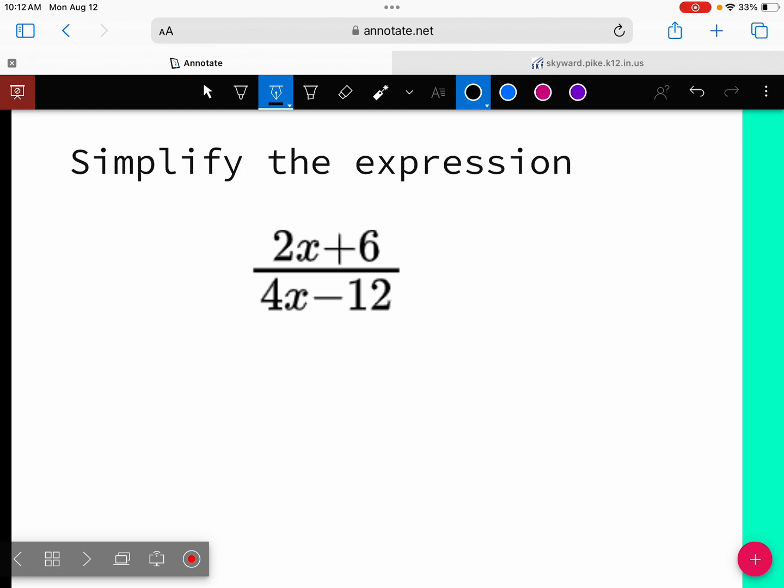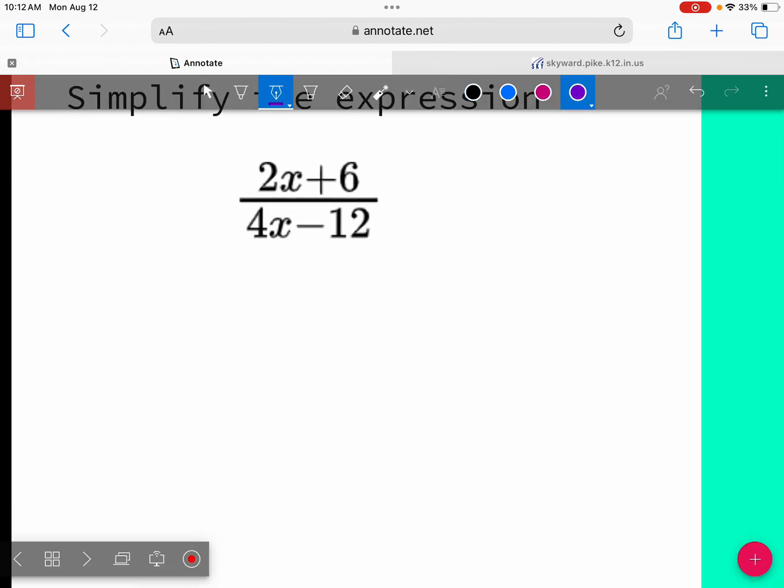So looking at this first one here, the way I think about it when factoring is I'll do my numerator, I'll do my denominator, and then see where they meet. Just try and work one at a time. So looking at my numerator, what can I do to factor this numerator? Yeah, it's got a GCF of 2. So I'm going to write this as 2 times what?